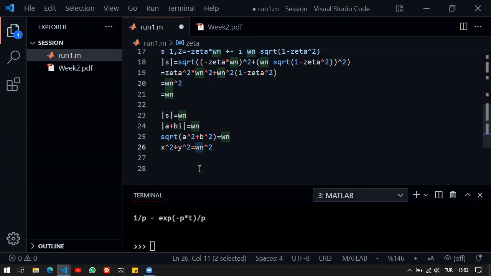That tells us the following. If you have a certain omega n value, if this is fixed, then you're basically moving on a circle on the s domain. And the radius is basically the natural frequency omega n, and that's it.